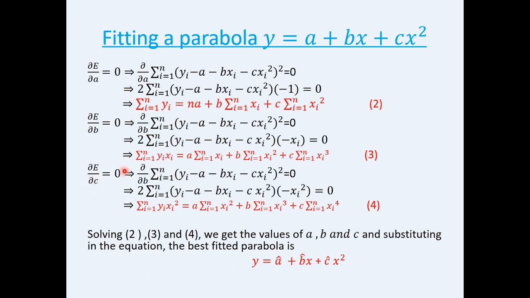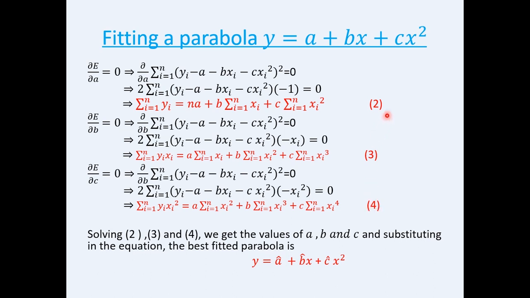Partial E by partial c, partial derivative of E with respect to the parameter c, is equal to 0 implies summation yi xi square is equal to a into summation xi square plus b into summation xi cube plus c into summation xi raised to 4, equation number 4.